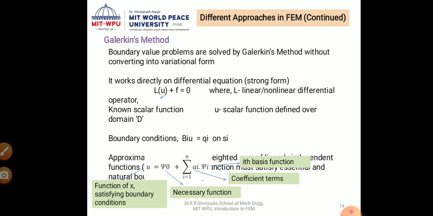So this is approximated to be a weighted sum of the independent functions, and that equation is defined like this as u equals to psi naught plus summation from i equals 1 to n a_i psi_i. Here u being the function of x satisfying boundary conditions, psi naught is the necessary function, a_i are the coefficient terms, and psi_i are the ith basis function.